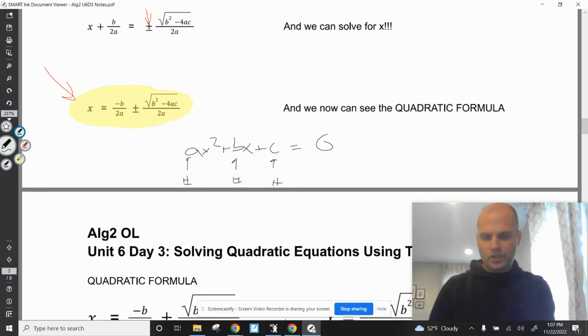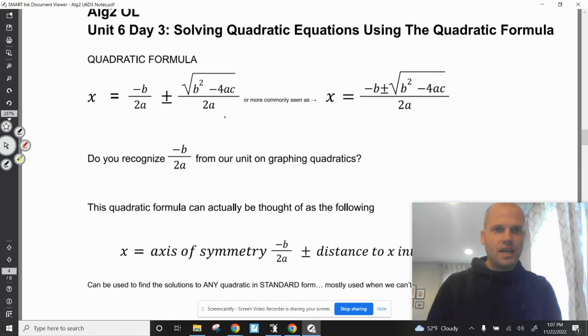We're going to do the first two examples just using the formula. Okay, now this might not be what you're used to seeing with the quadratic formula. A lot of times they decide to combine these two things because it has a common denominator, to be like x equals the opposite of b plus or minus the square root of b squared minus 4ac all over 2a.